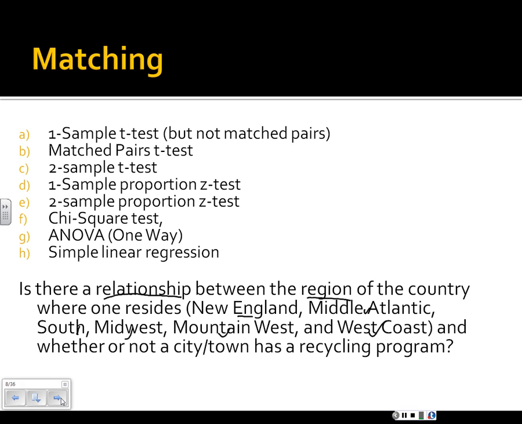So that's just a qualitative variable, what region, and then whether or not they have a recycling program. Again, that's just whether or not they have that, a binomial variable. So basically, you were setting this up, it'd be a 2 by 6. You just count the number in each one of those 2 qualitative variables. Chi-square test.